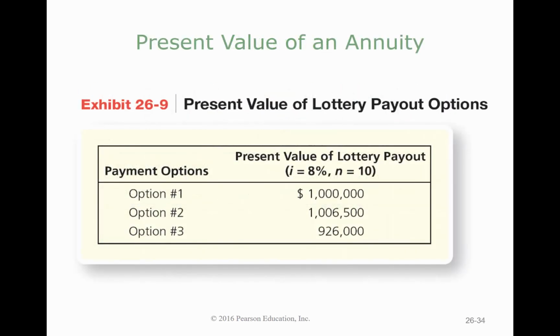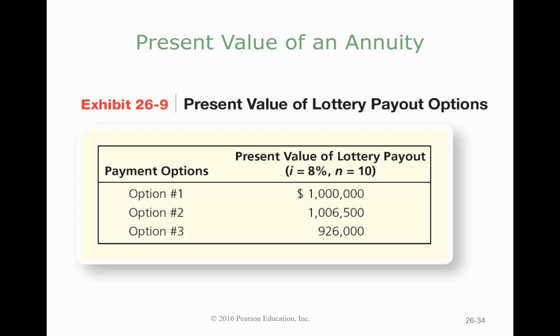All right. So what we do to find out the present value is we would take, so the first one is the present value of a lump sum where I equals 0 and N equals 0, right? Because we got the money today, which means the present value of $1 million today is $1 million. That's easy. The second one is the present value of an annuity because it was $150,000 a year payouts.